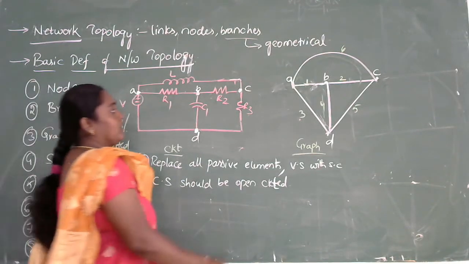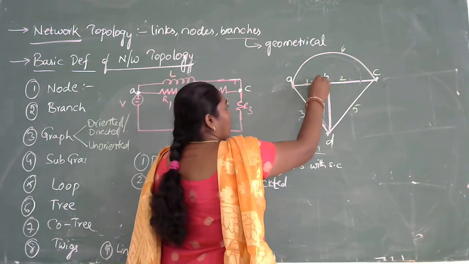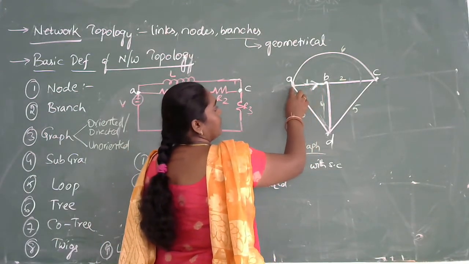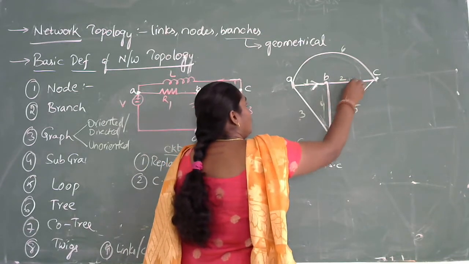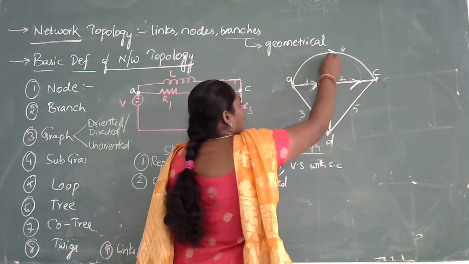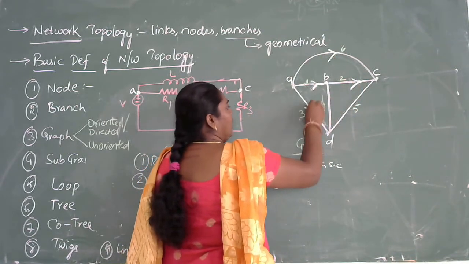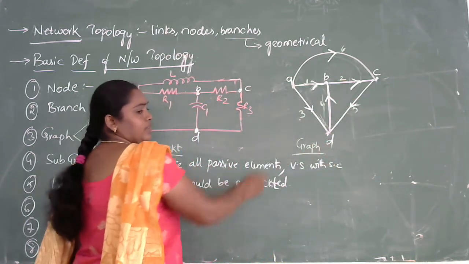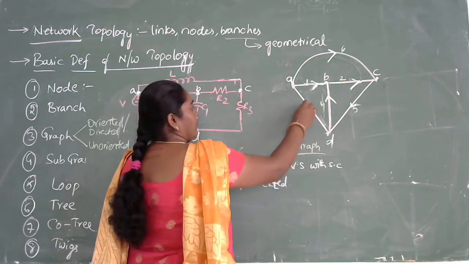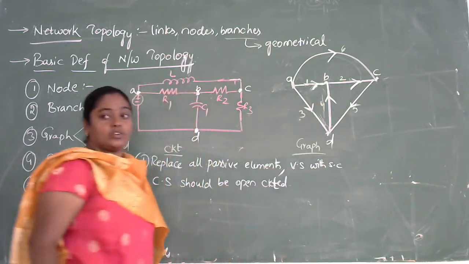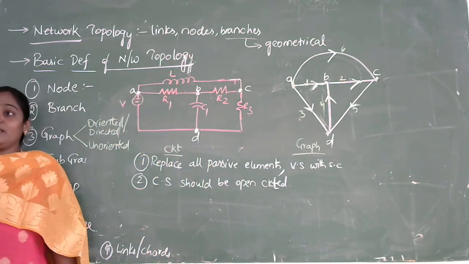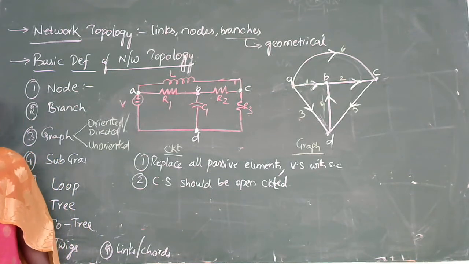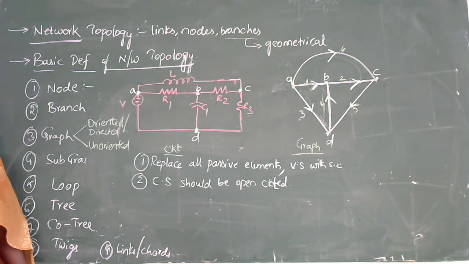Assuming that the current is flowing from A to B, B to C, A to C, similarly A to D, then this graph is called a directed graph. If there is a presence of arrow marks in a graph, then it is called a directed graph. If there is no direction of current flow, then it is called an undirected graph.